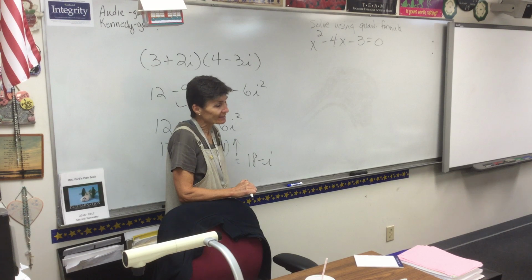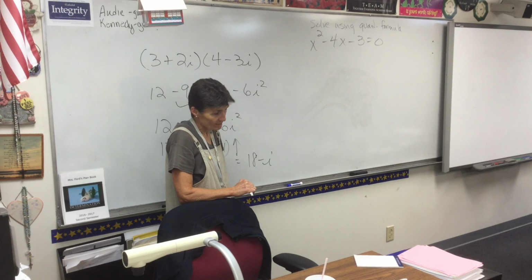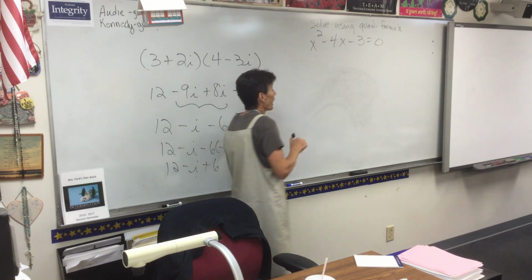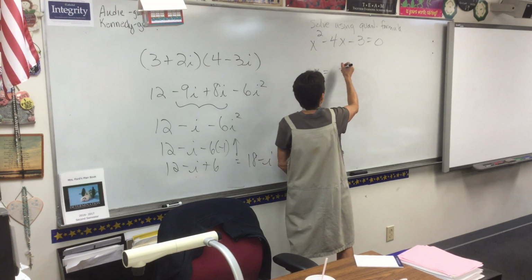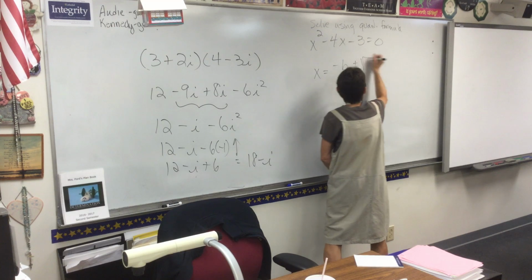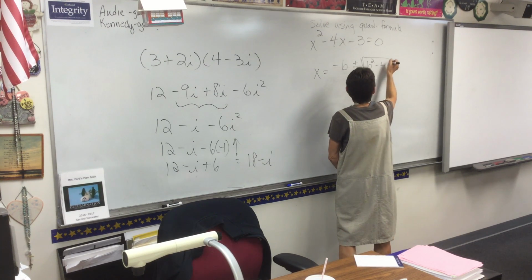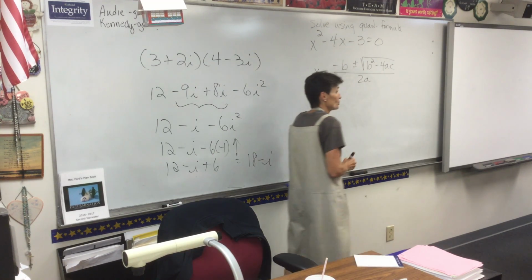You are going to do the right thing and you're going to memorize it. Hopefully you've already done that. I would definitely write it on my paper though. x equals -b plus or minus square root of b squared minus 4ac all over 2a.